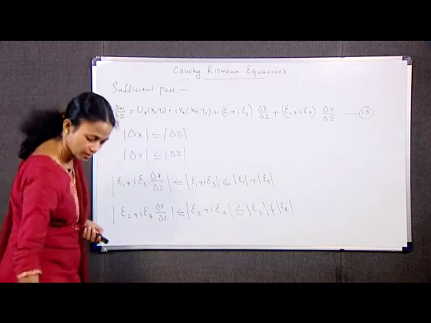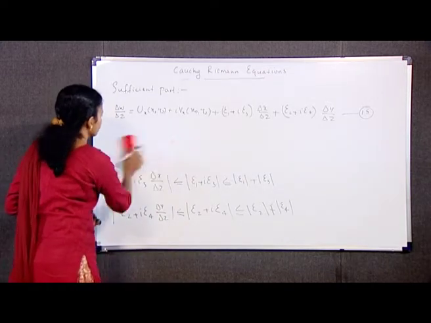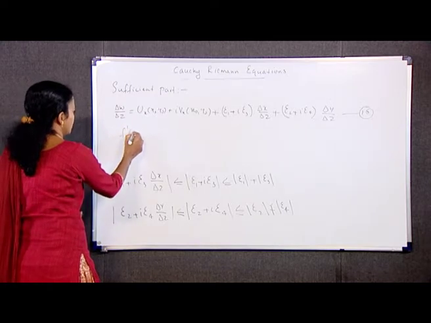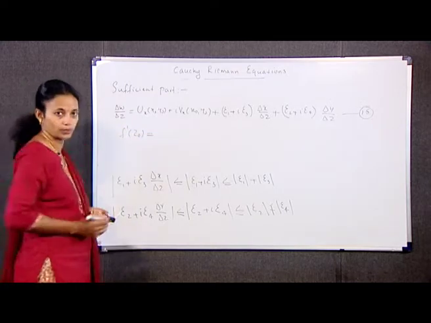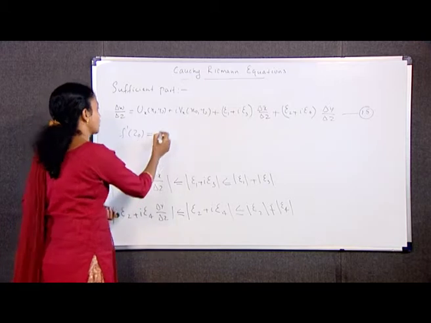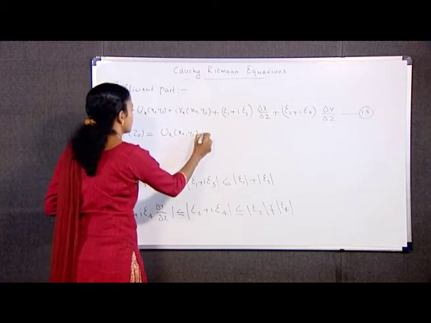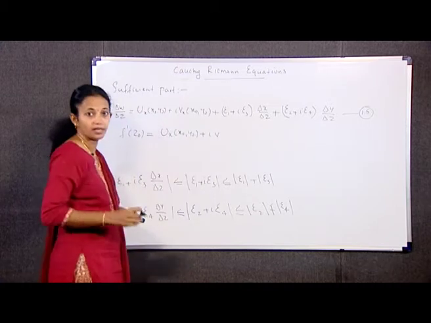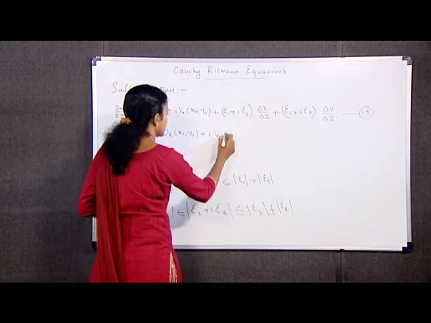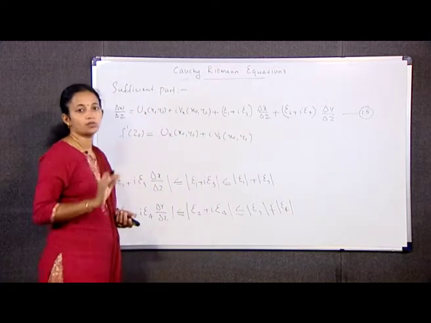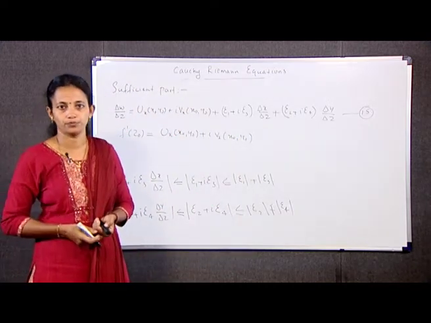That is, we can write f dash z naught is equal to ux at x naught, y naught plus i vx at x naught, y naught. Now, this completes the proof.